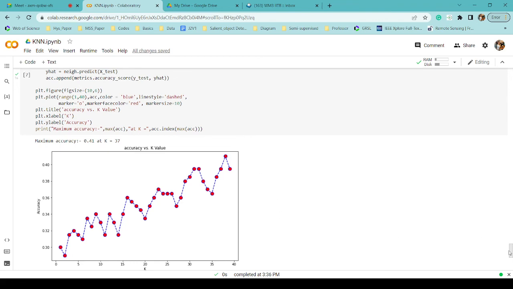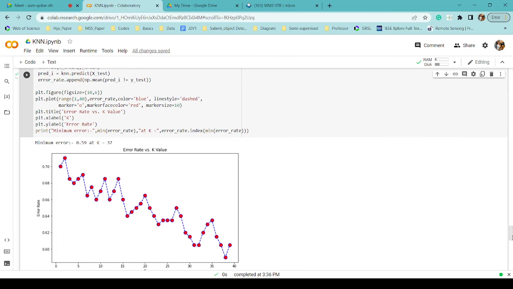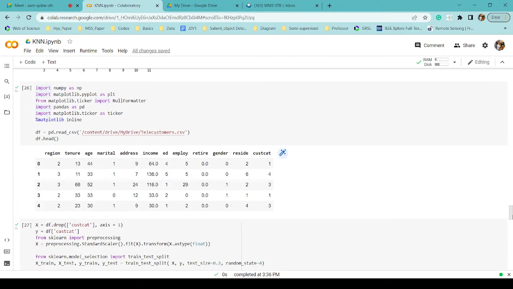I can say that if I'm going to use this model on any other data set, you can remove the data set which I've taken, take another data set and train this model, you can take the value of k at 37. Or I should say, if we change the data set, the value of k can also change.